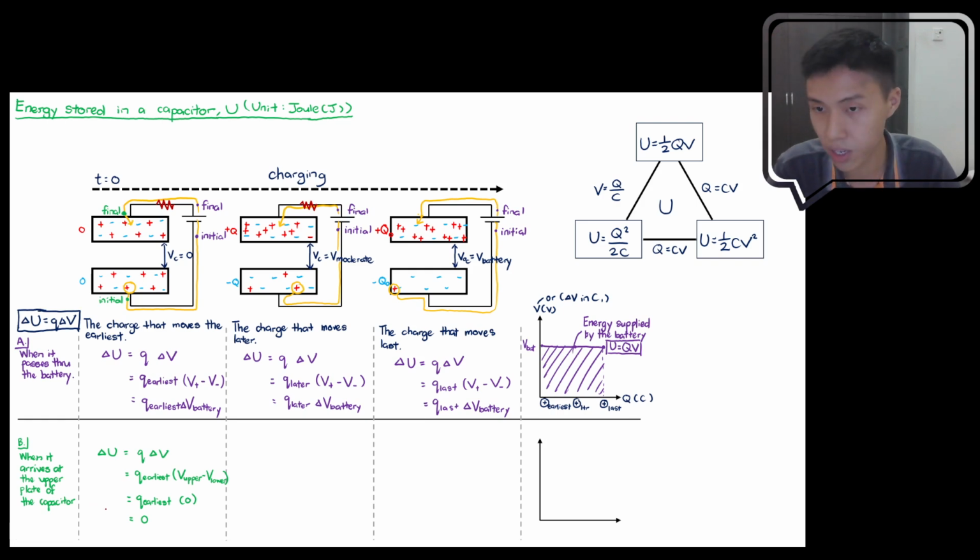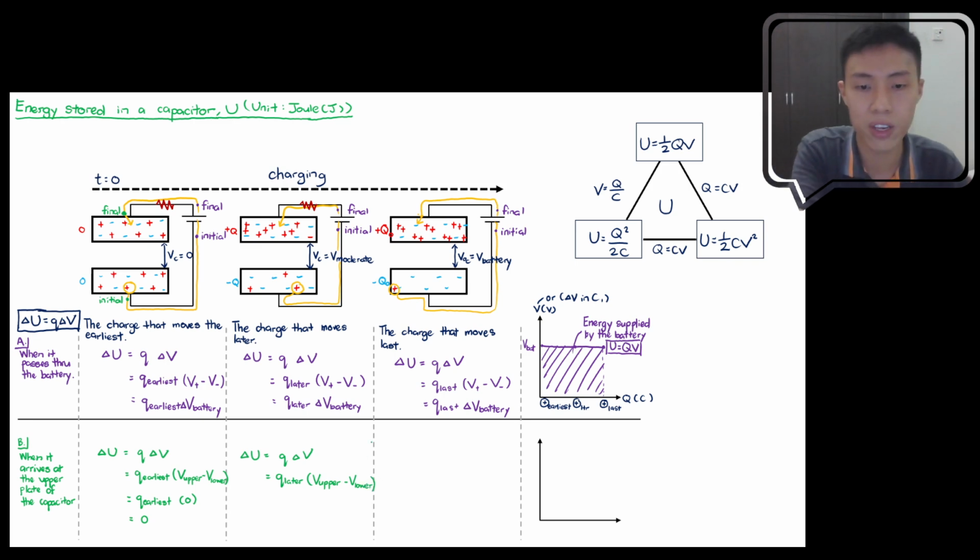So continuing, we can say that for this green one, delta U is equal to Q delta V, but for this one it is Q later. Q later also needs to go through the same V final minus V initial, so this is V upper minus V lower. But right now V upper and V lower do not equal 0 anymore.